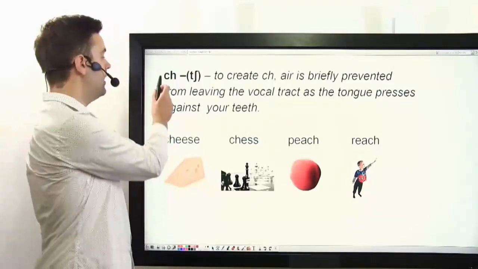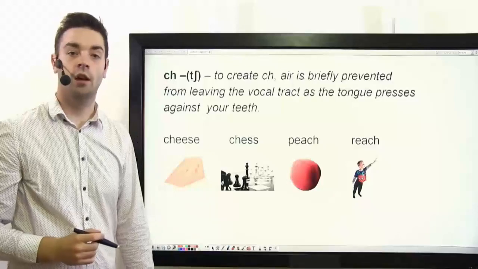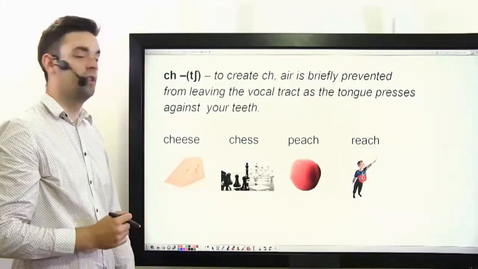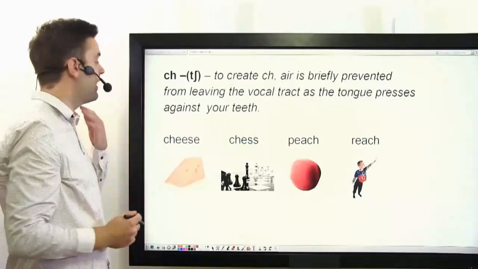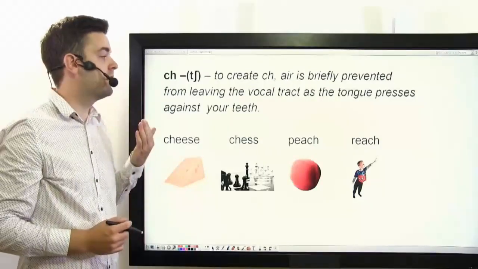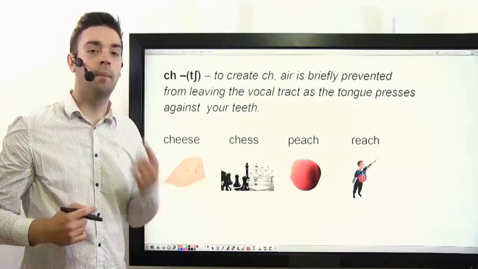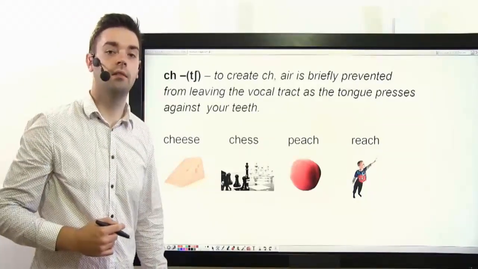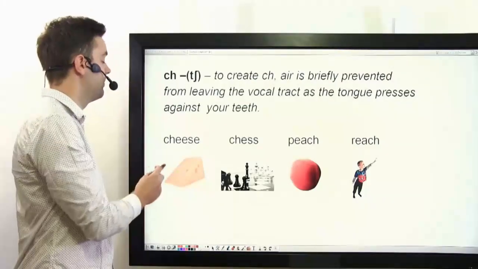When we join C and H, we get a ch noise. Ch. So this is when air is briefly prevented from leaving the vocal tract as the tongue presses against your teeth. So look at me. Ch. Ch. Takes a bit of practice.